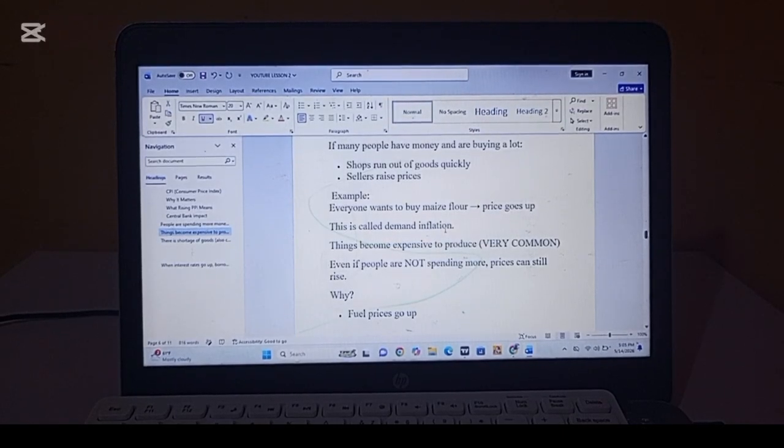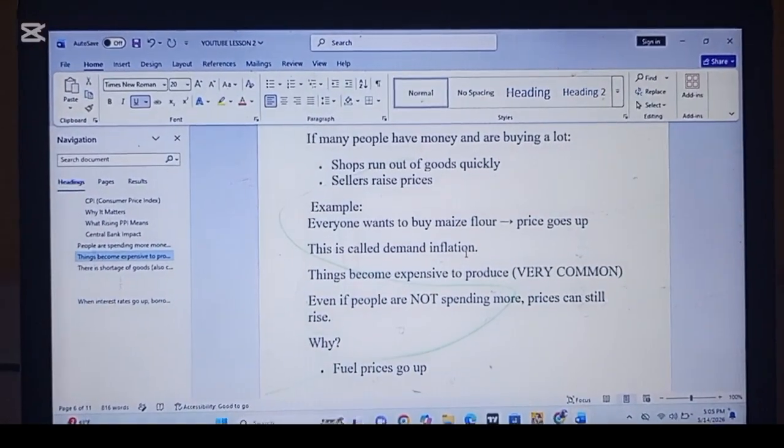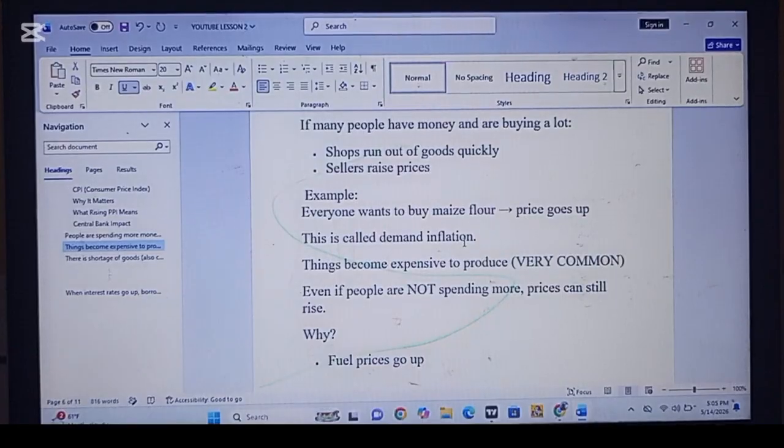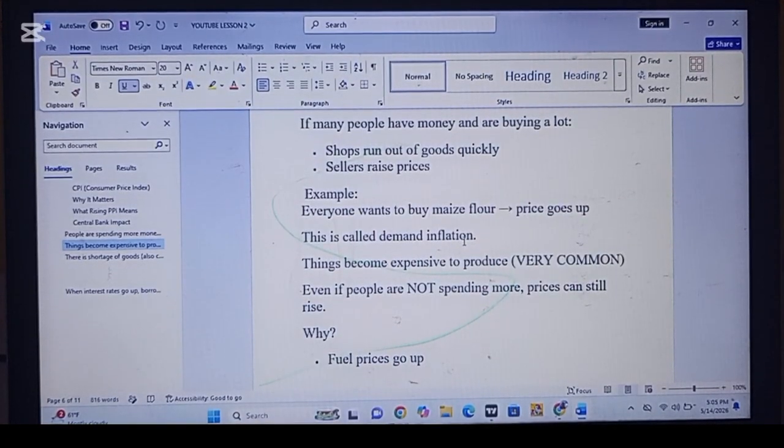So you can see the type of inflations that we have. We have demand inflation whereby a product has a lot of demand, but the supply is less. So what happens to that product? The price hikes. So that is what we call demand inflation. Like there was a time where flour, unga ya ugali, was missing in the shops.